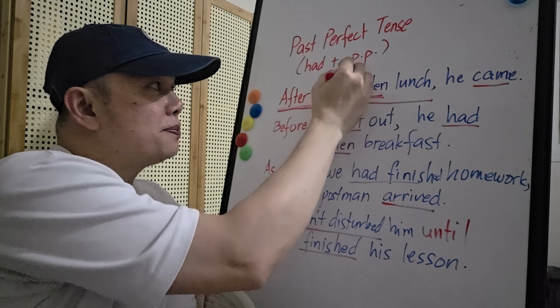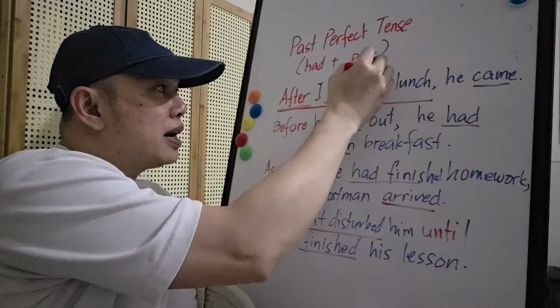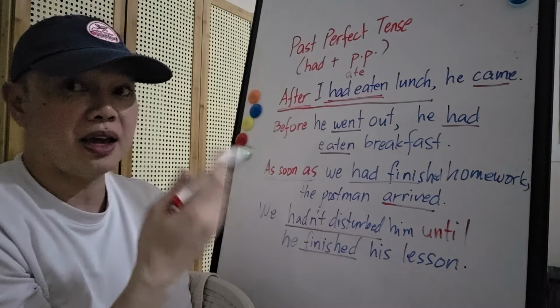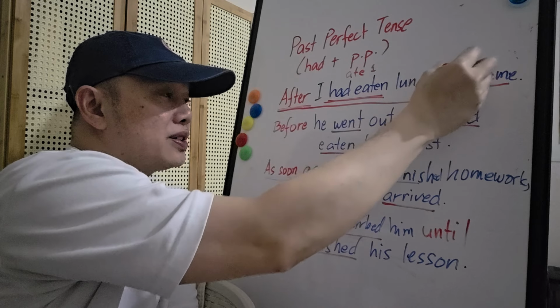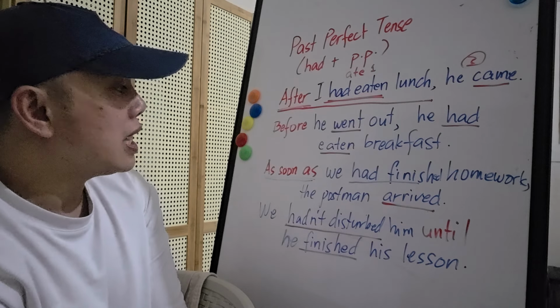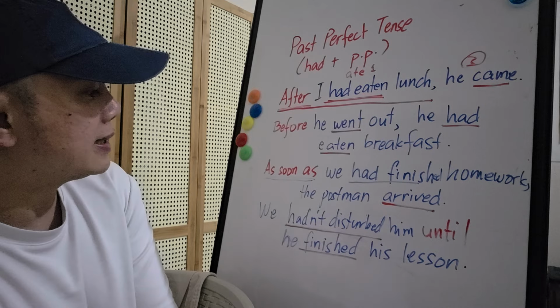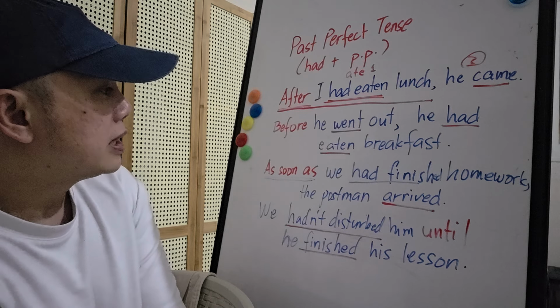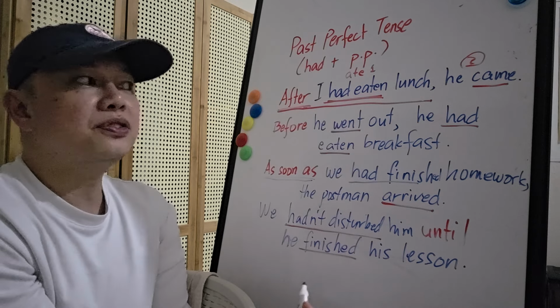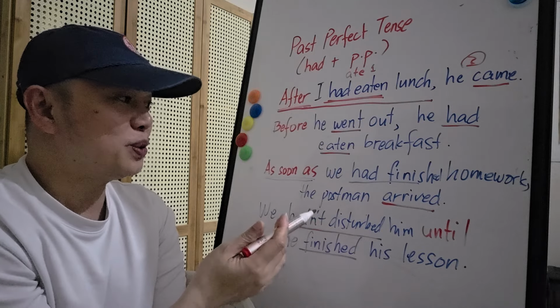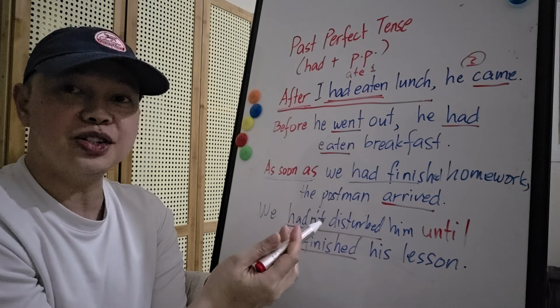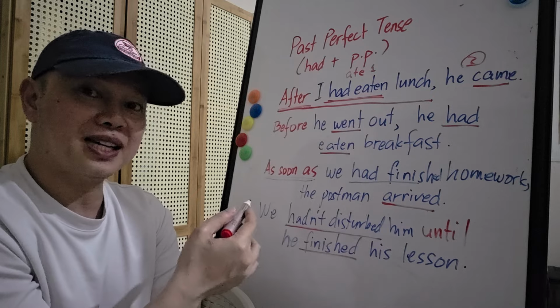You can just say, after I ate lunch, he came, because this is the first action and this is the second action. Actually, all of the sentences I constructed are in order of occurrence, so the past perfect is optional.